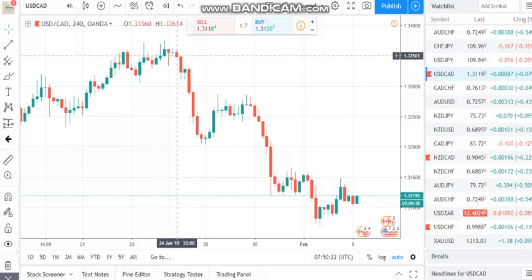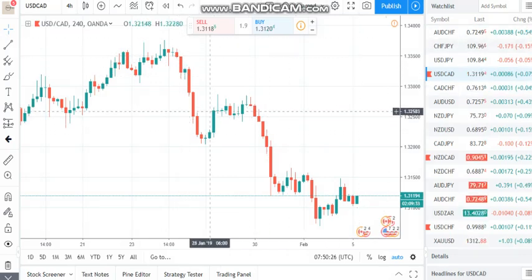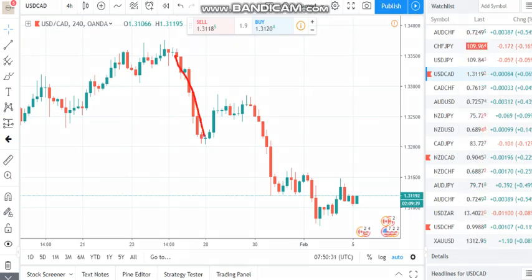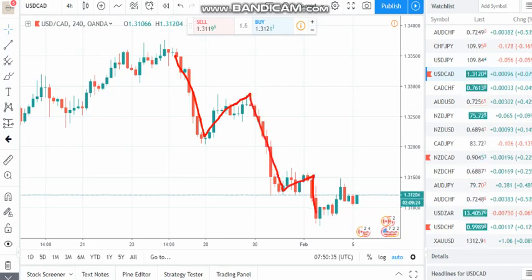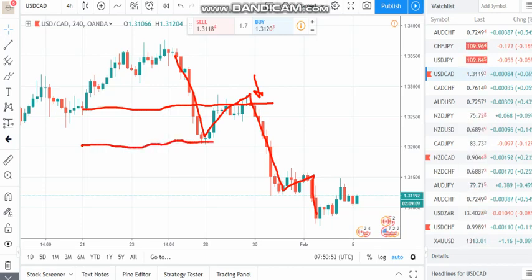To enter a trade after spotting that, there are 2 points on a chart where you can enter. As the market flows that way, you can either enter a trade at that resistance level downwards, or you can enter a trade at the break of that resistance level downwards.